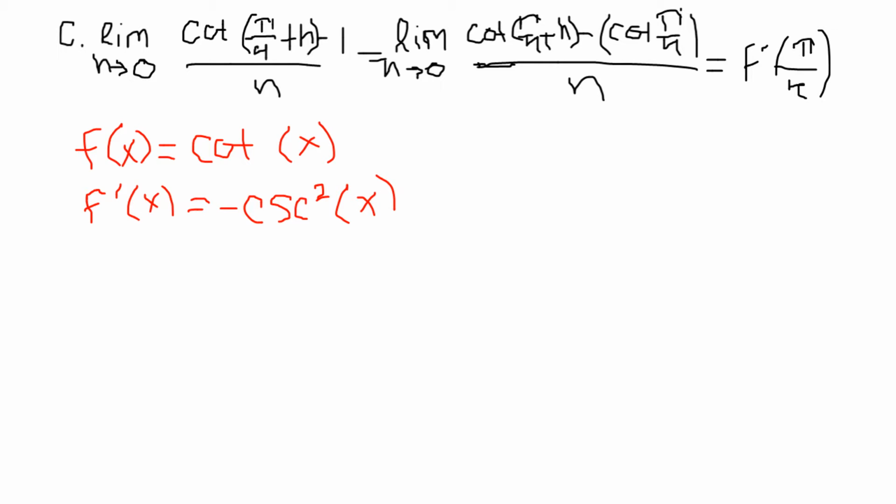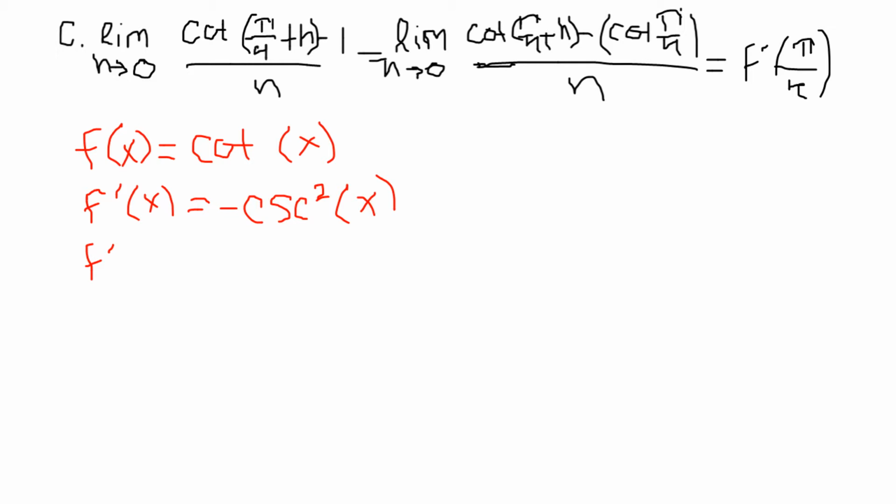This is again using our trig identities. Then we can plug in f prime of pi over 4, which we got from the definition of the derivative when we plugged in 0.